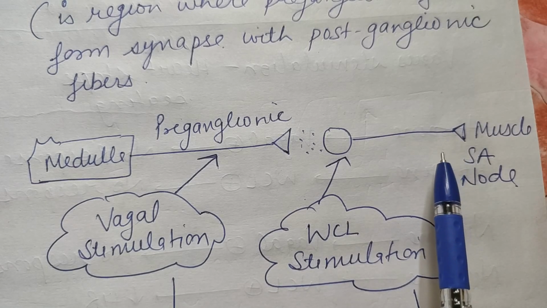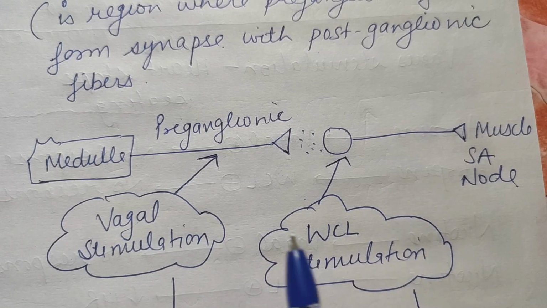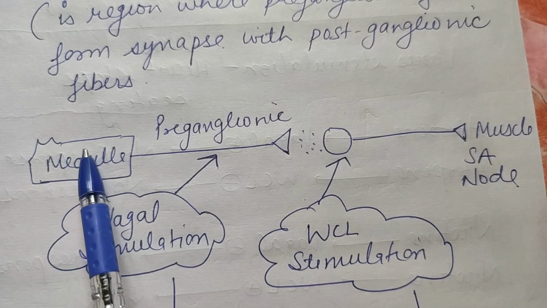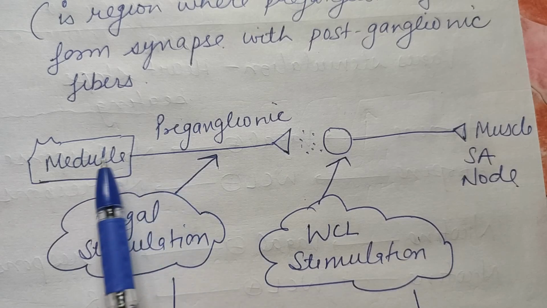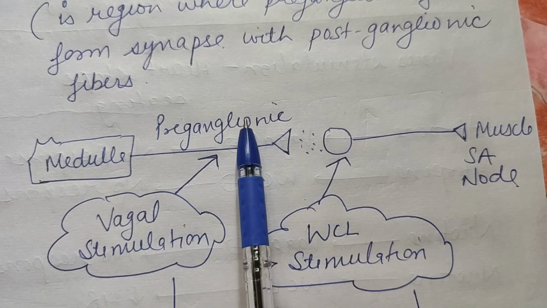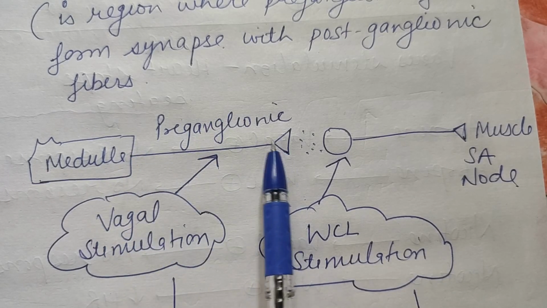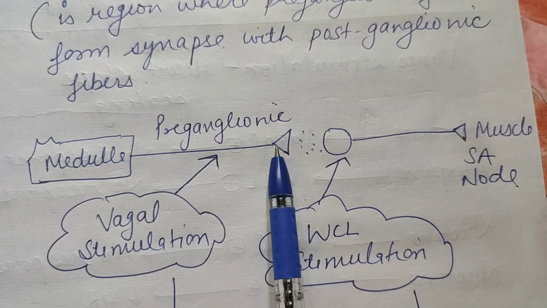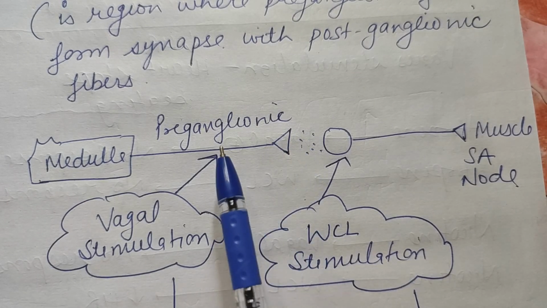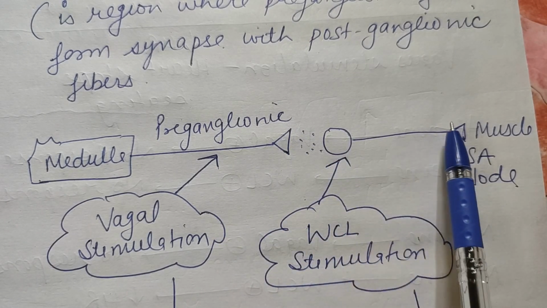So you have to understand two concepts here. What if we stimulate the vagus? What if we stimulate WCL? What is the difference? From the medulla, all the preganglionic fibers are running. When they leave the medulla and spinal cord, the preganglionic fibers of the parasympathetic are running, and we know that these fibers synapse near the organ.